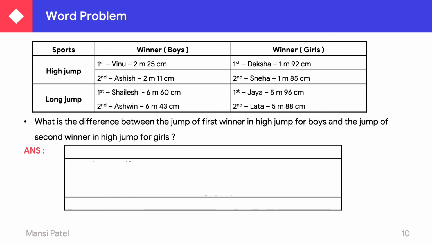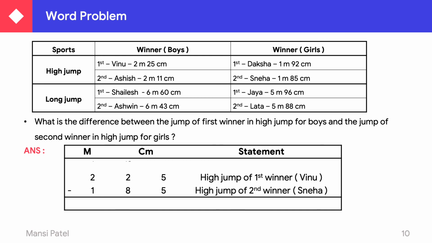So we have to write down one side meter, centimeter, and the statement. After that, we write the high jump of the first winner among the boys, that is Vinu, and the measurement of Vinu is 2 meter and 25 centimeter. From this we have to subtract the jump of the second winner among the girls. Who is the second winner among the girls? Sneha.